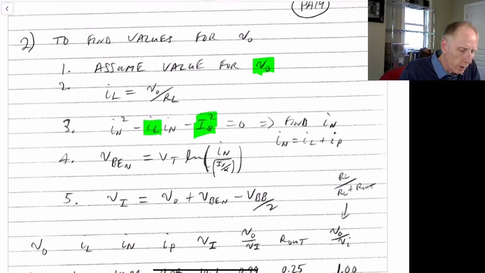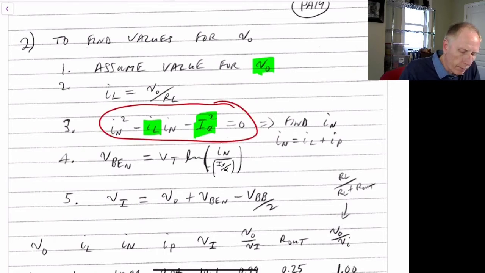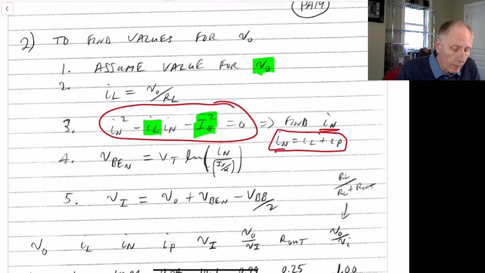I sub Q is known, so we can use this equation now to solve for I sub N. Once we have I sub N, we can also use the equation here to find I sub P. I sub P will just be I sub N minus I sub L, or I sub P is equal to I sub Q squared divided by I sub N. Either one will work fine.